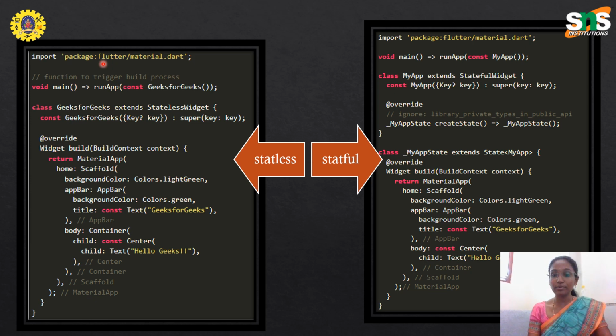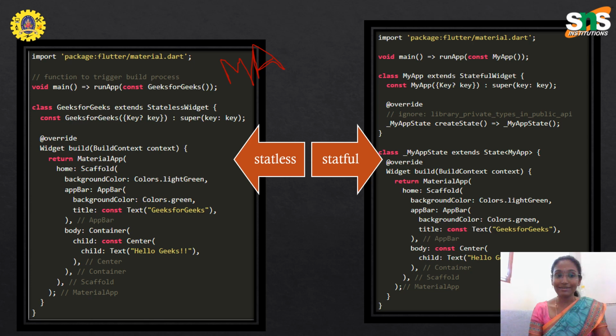If you open a Flutter project, you will see the Flutter material package imported. This package is already built in on the Flutter side. We have to import this package if we want to work with MaterialApp, which is built in.